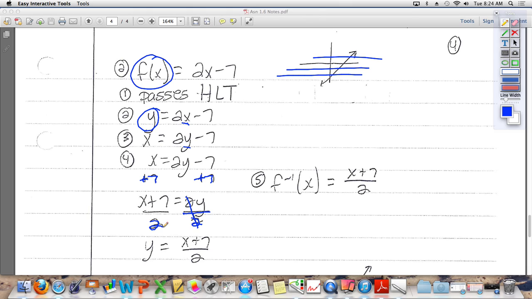So my y is x plus 7 divided by 2. So I'm done. I just need to write it in inverse notation now, which means I need to take this y and replace it with this notation, f of negative 1 of x.